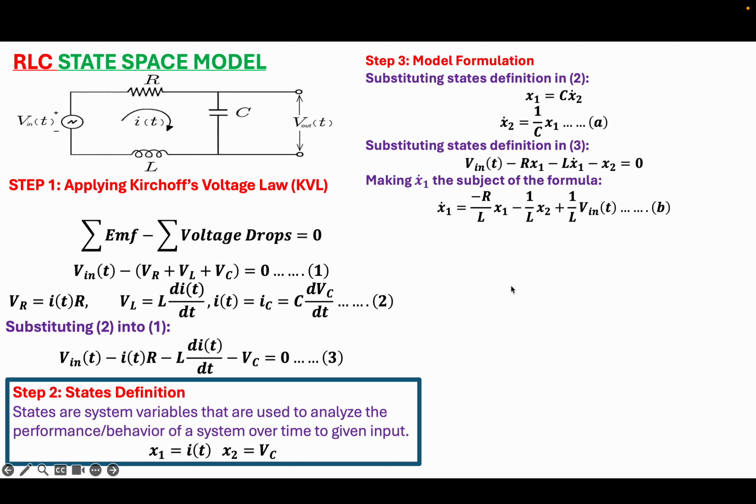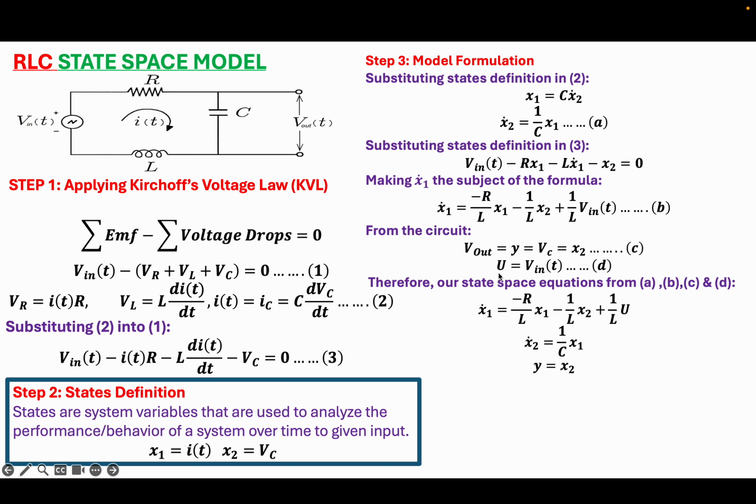So making S1 dot the subject of formula, I will have B, and from the circuit, my Vout is just the voltage across the capacitor, which is equal to S2 from my state definition. And let me name my Vin U.